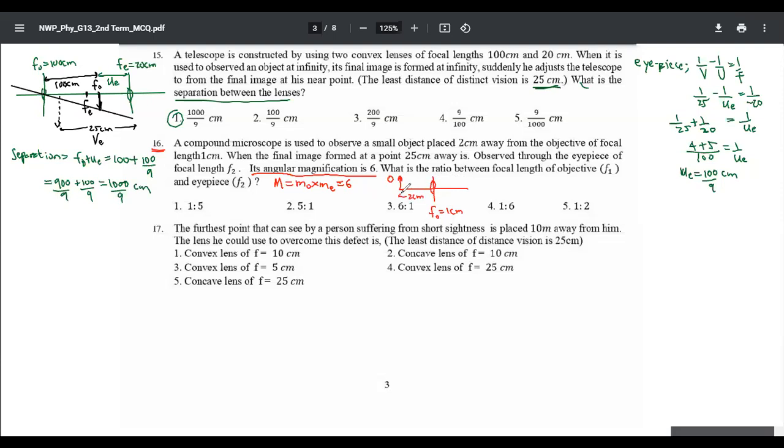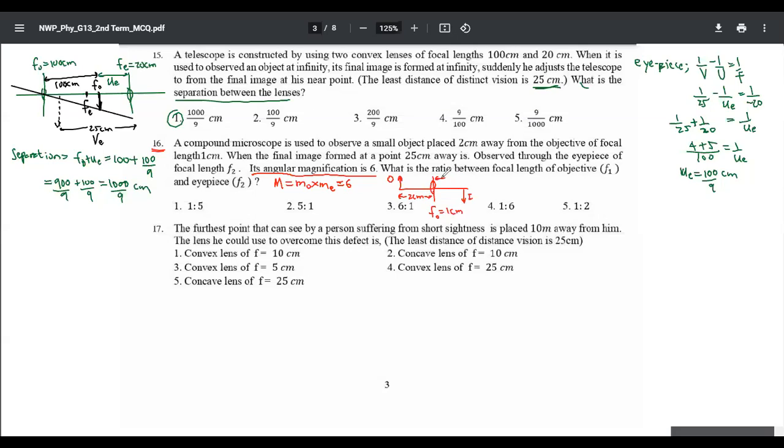Where will you get the image? You get the image at 2 centimeters, exactly, because the object is kept at 2F.